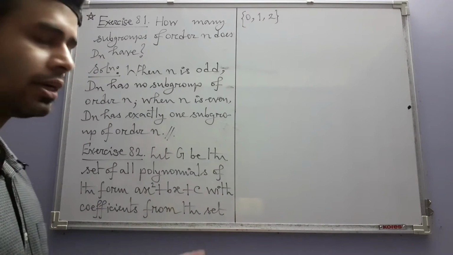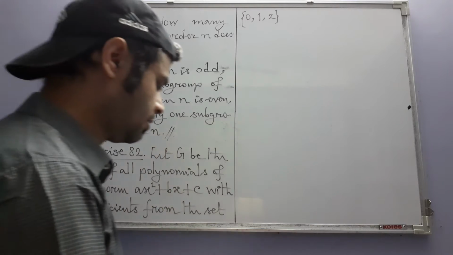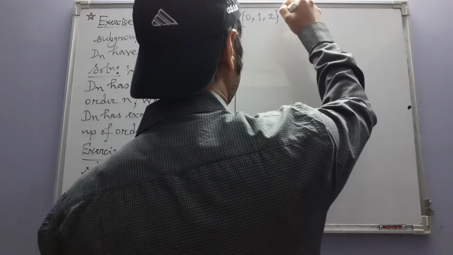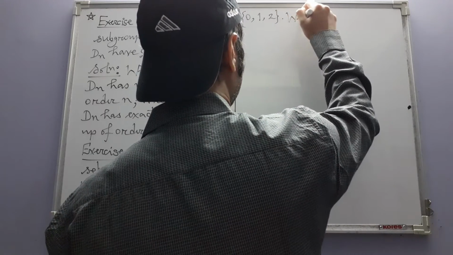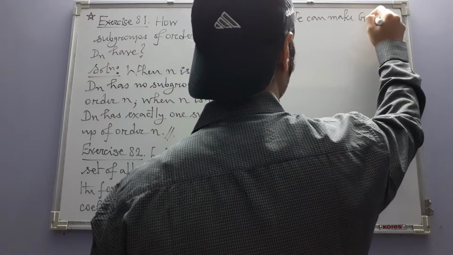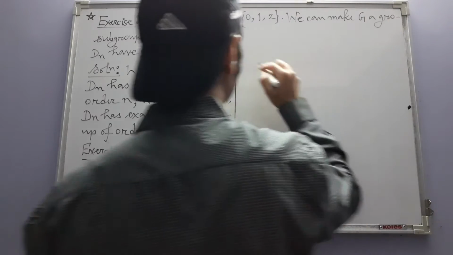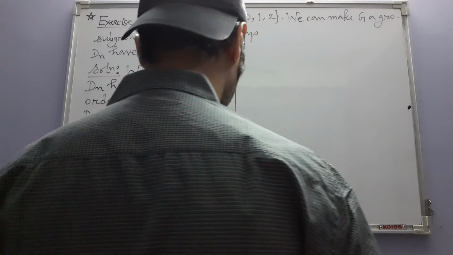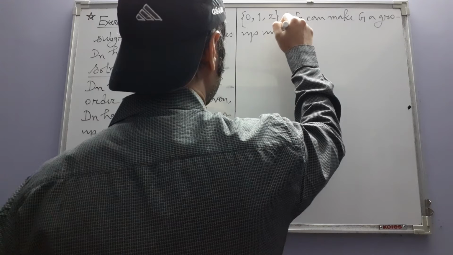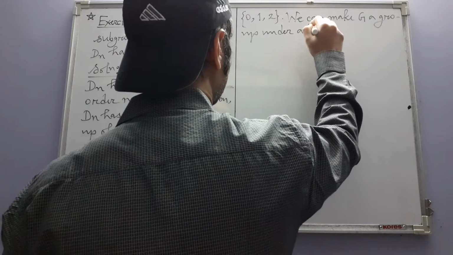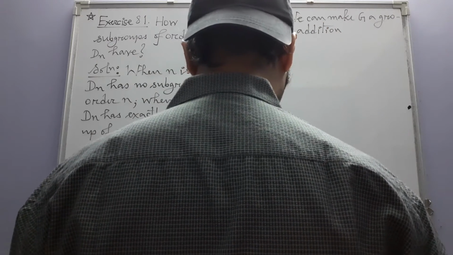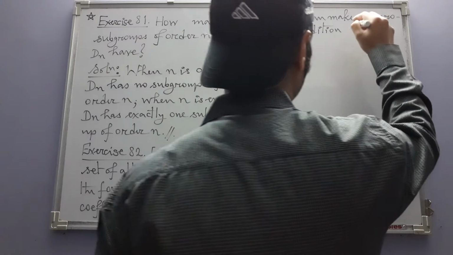That means this a, b and c, these are coming from this set, and G is the set of all such polynomials. We can make G a group under addition by adding the polynomials in the usual way.